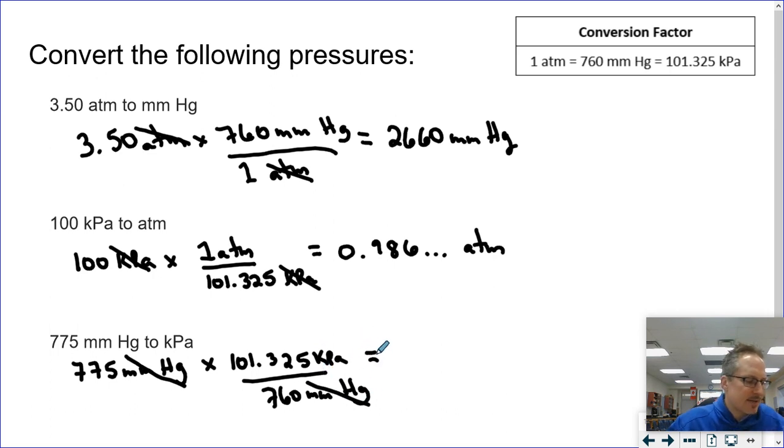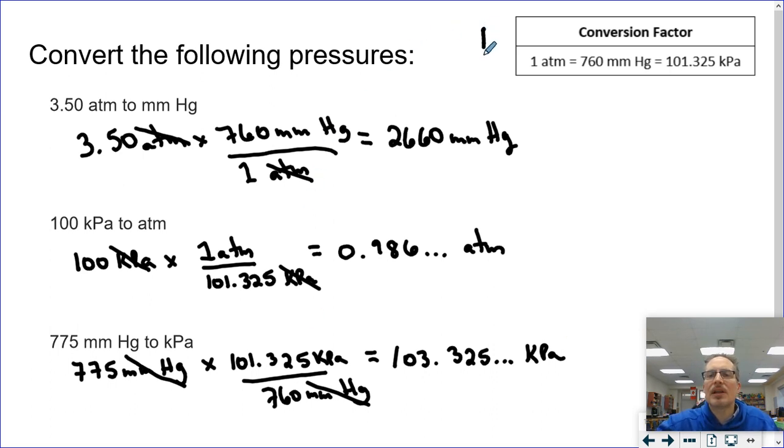So I'm going to take 775 times 101.325, enter, divided by 760. And my answer is going to be 103.325, yada, yada, yada, kilopascals. I cannot tell you how important it is for this to be memorized.